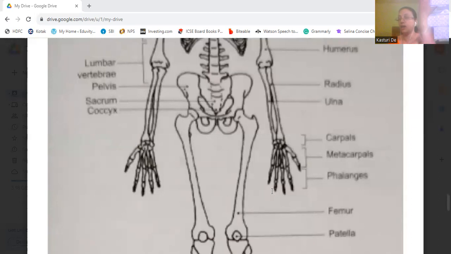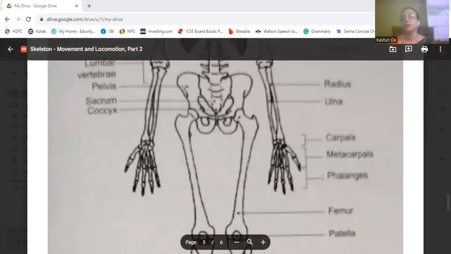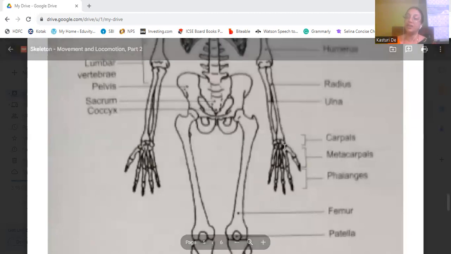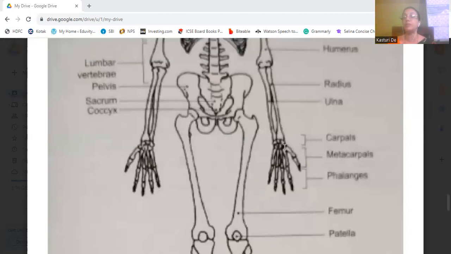Then in the wrist region we have carpals, then the metacarpals and the phalanges.